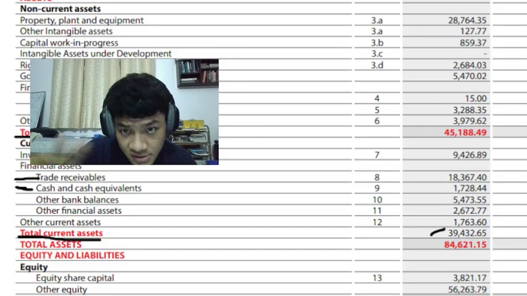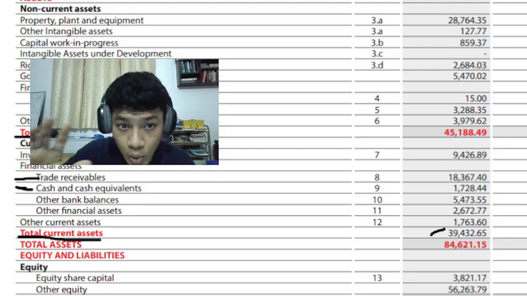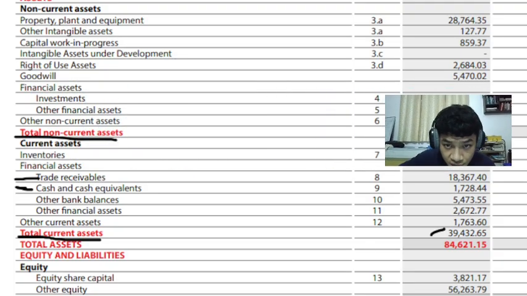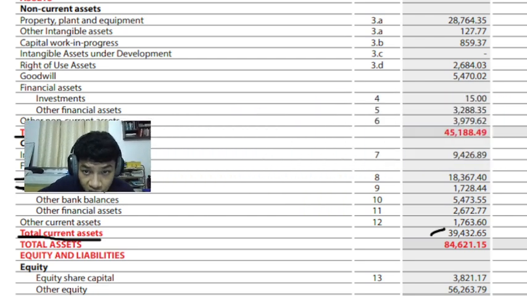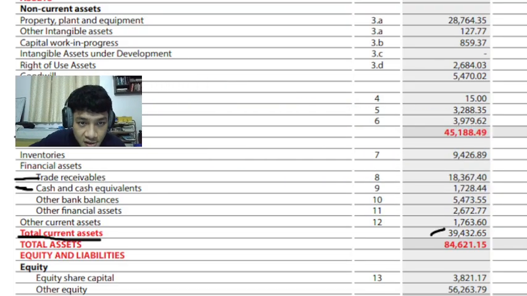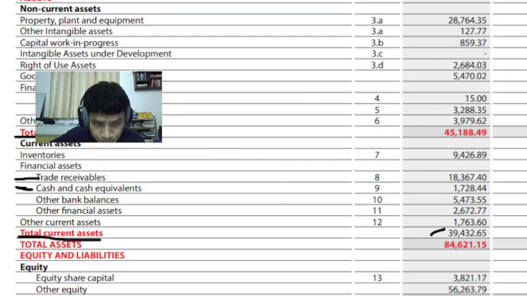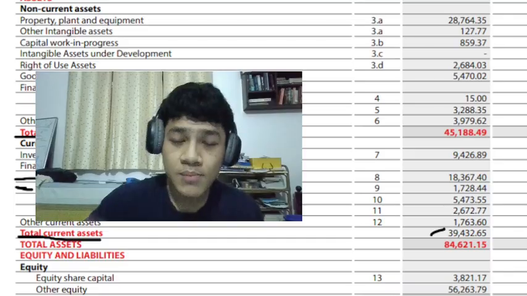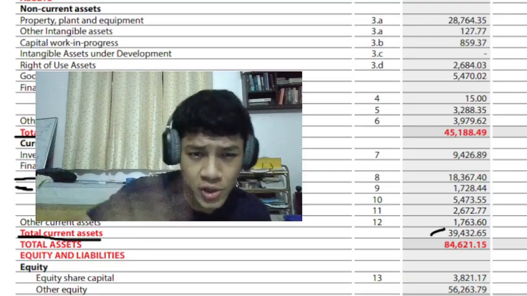So the company doesn't have a lot of cash. It relies very heavily on trade receivables, and other bank balances, which is a nice 54 crores. I didn't notice that at first. And inventory. Inventory is raw material, finished goods, plus goods still being manufactured and all that.